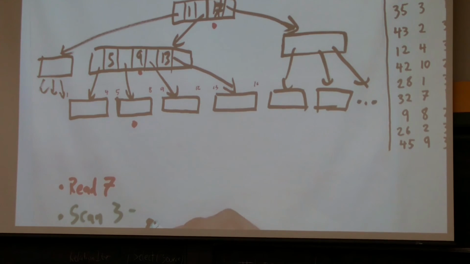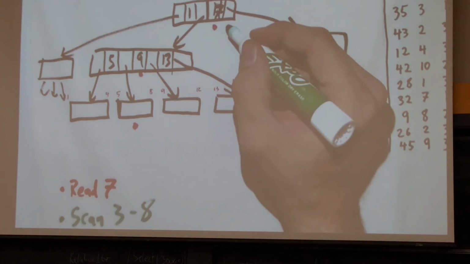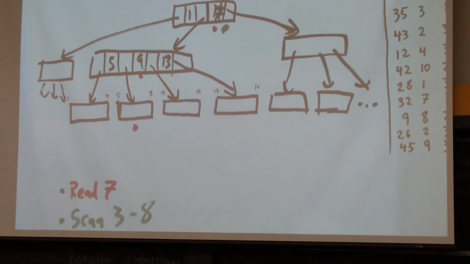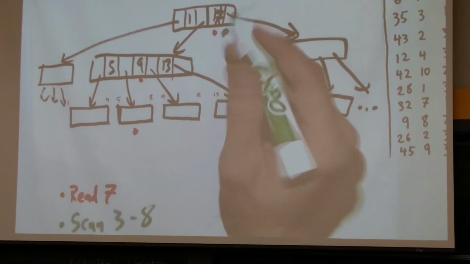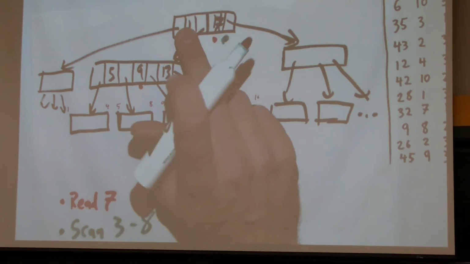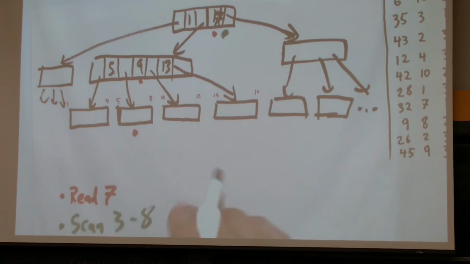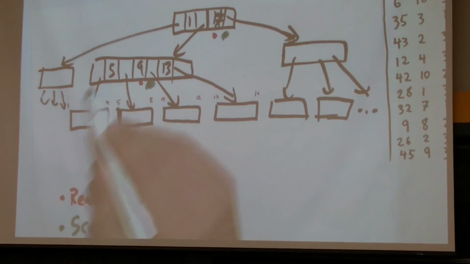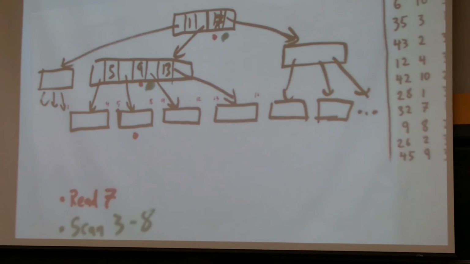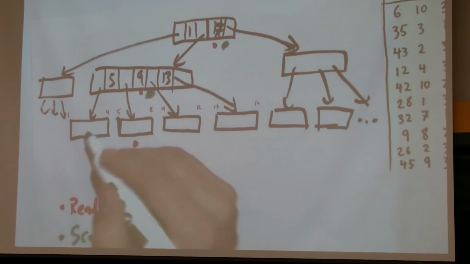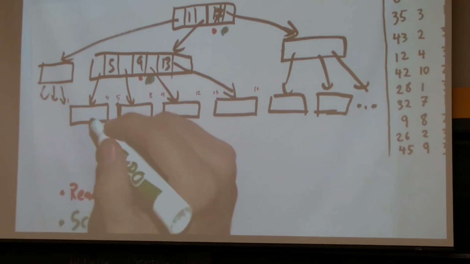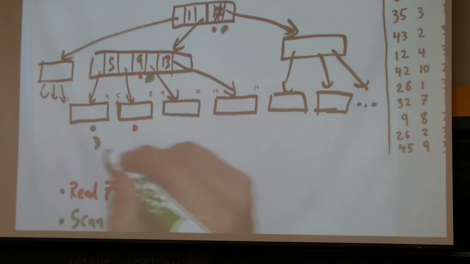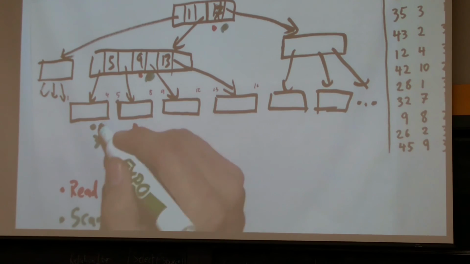What did I say? 3 to 8? Okay, so I start off at my root. 3 is between 1 and 17, so I take my left branch. Need to load that in. 3 is less than 5, and I have nothing less than 5. So I read this page in, and that gives me 3, that gives me 4.